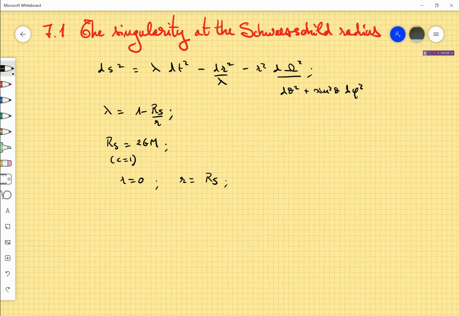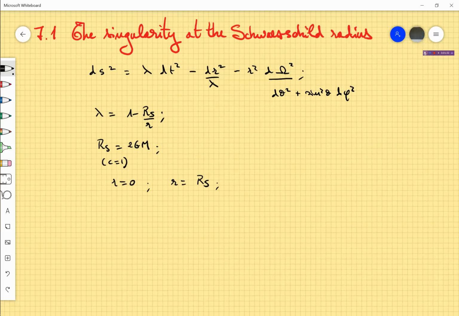So we want to study in this section and in this video what is the nature of these two singularities. This one is very similar to the singularity that you have in the Coulomb field, for instance, and we expect it to be a physical singularity. So how we have related this metric to this solution corresponding to the gravitational field produced by a point particle.